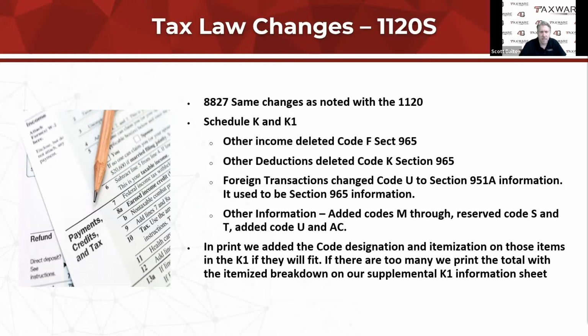And then one big change on the S corp in the print, we added the code designation to those other items if there's room on the K1. If there's not room, then we'll just print the total like we have in the past, and then the itemized listing will be on, in essence, our K1 worksheet, which was our page 2.